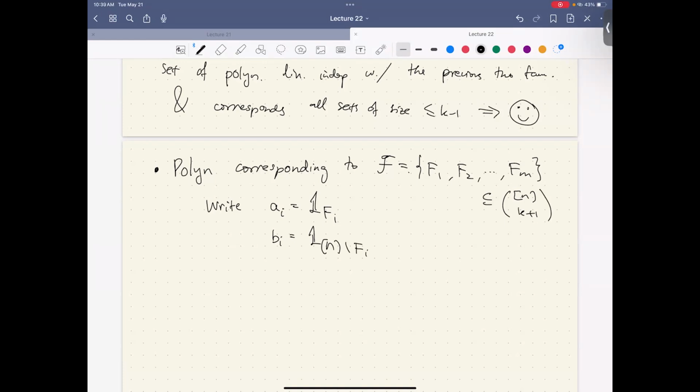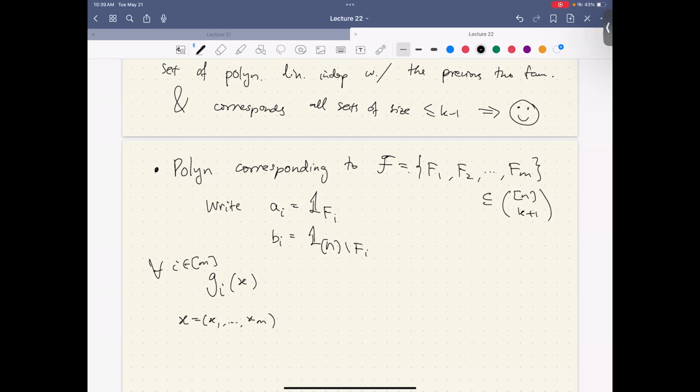Then we define our polynomial g_i of x, where x is a vector x1 to xm.